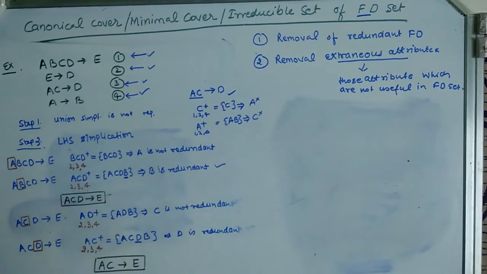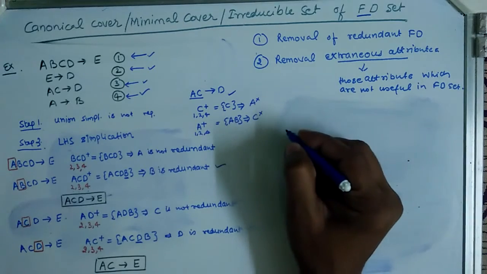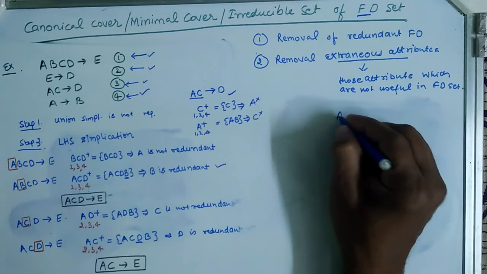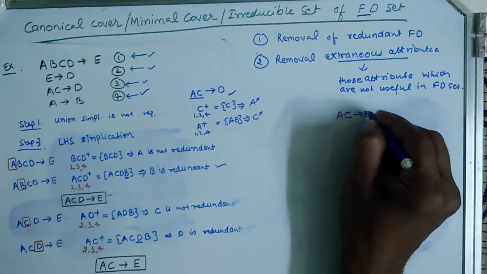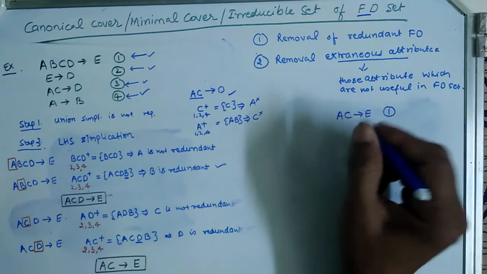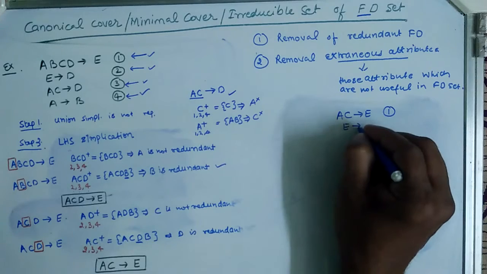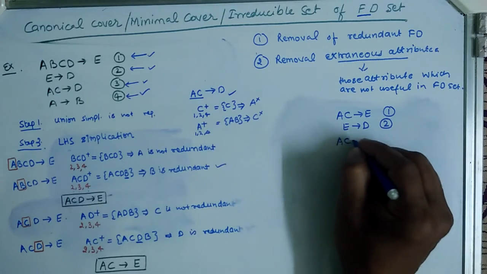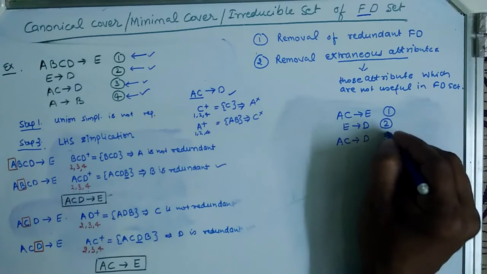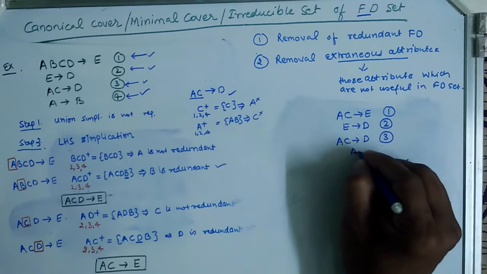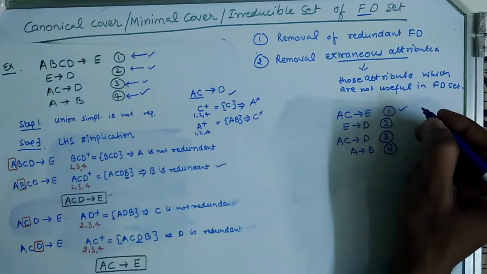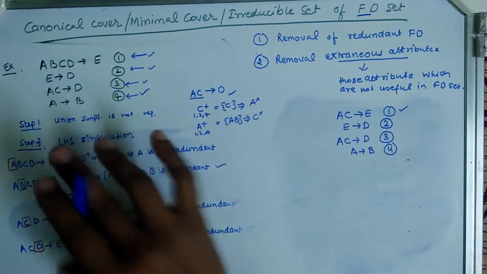After step 3 we have the functional dependencies: AC tends to E, that is the first functional dependency. Second one is E tends to D. Third one is AC tends to D, in which we cannot find any extraneous attribute, and A tends to B is the fourth one. So this functional dependency set is reduced. That's why step 3 will lead to success.